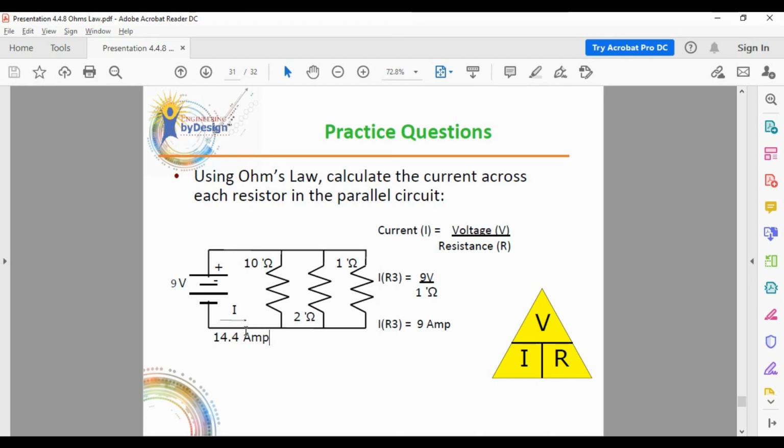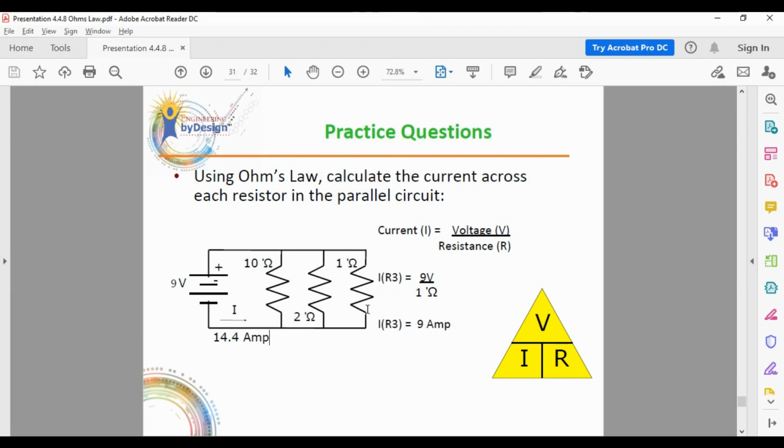If 14.4 amps is going through here, and there's a lot of resistance, there's not going to be a lot of current that goes through here. There's significantly less resistance in this pathway, the middle pathway, so there's going to be a lot more current. There should be a lot more current that goes across this resistor than this much heavier resistor.